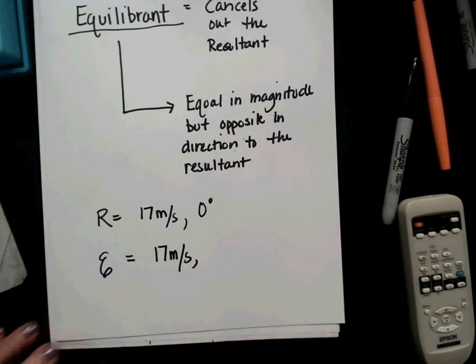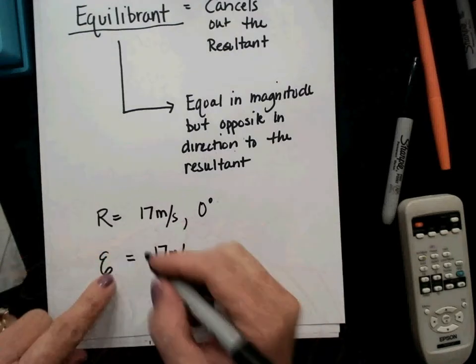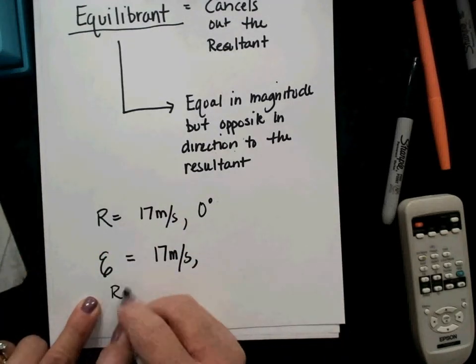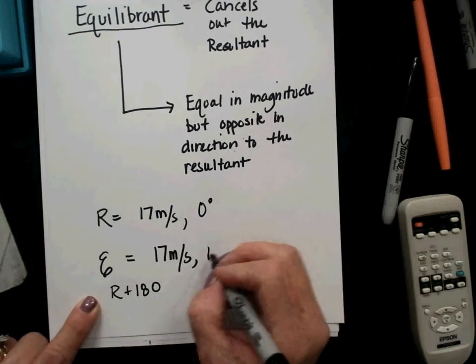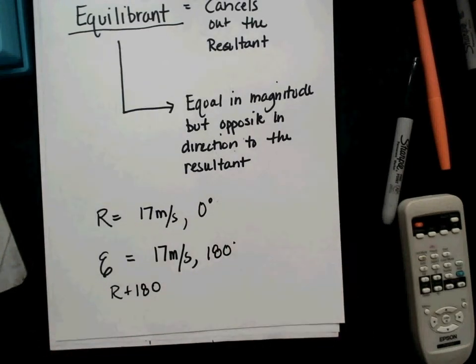How do I find the opposite direction? Would you just do 180? Yeah, whatever this number is, to get the equilibrant, it's like R plus 180 always. So this is pretty easy.